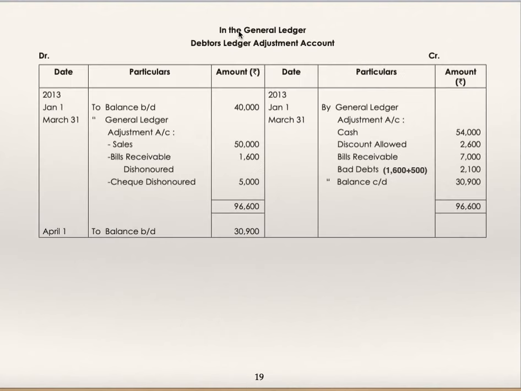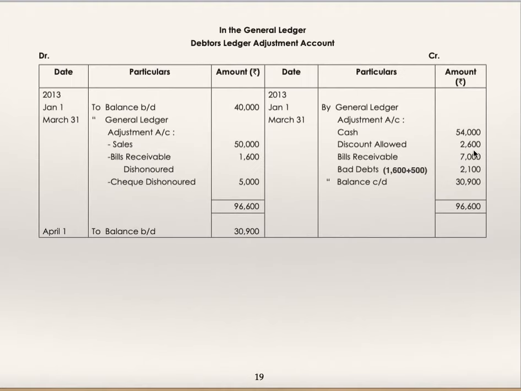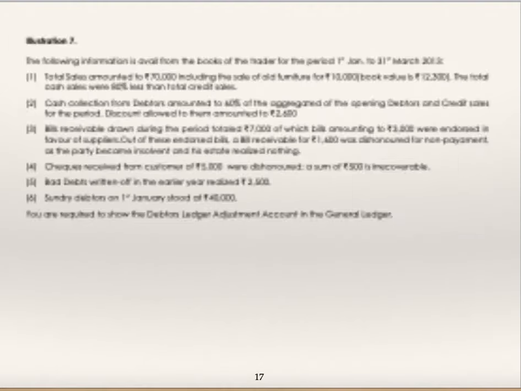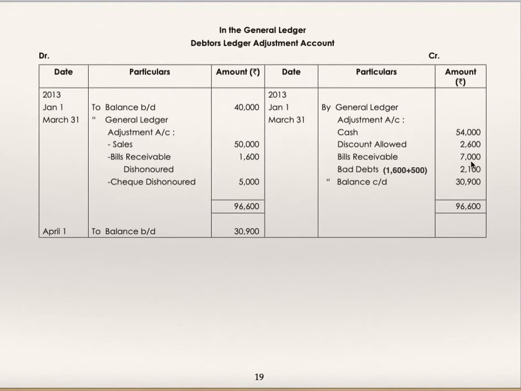Now we'll see this account in general ledger, debtors ledger adjustment account. To balance brought down is given 40,000, to general ledger adjustment account. By cash received, just now we have found out 54,000. Discount allowed is 2,600, which is given. Bills receivable, this is also given 7,000.